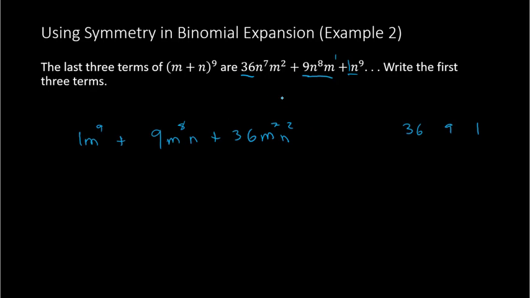And the variables, by the way, you may want to keep the same order. Like here we had n and then m. It doesn't really matter, I guess, but you might want to keep it the same. So put the n first and then m second. So you could maybe write this as 1m to the 9th plus 9n m to the 8th power plus 36n squared m squared.